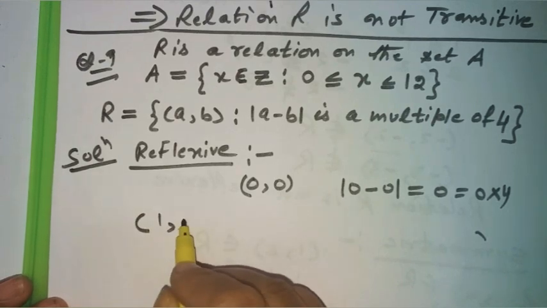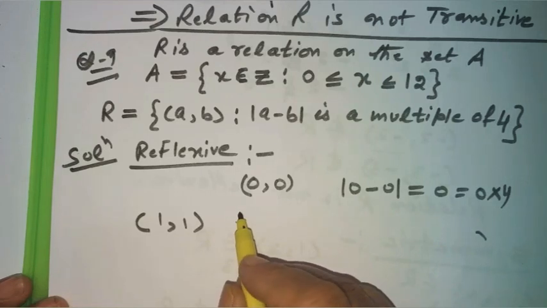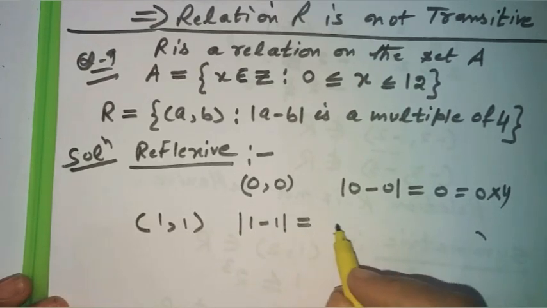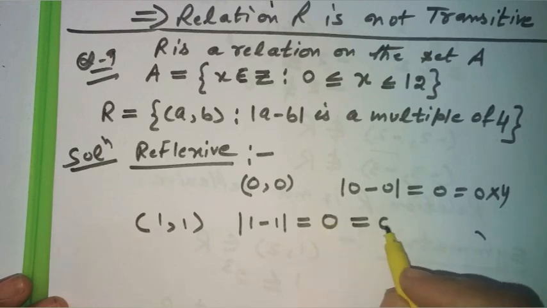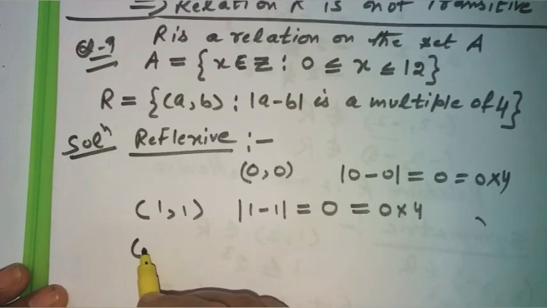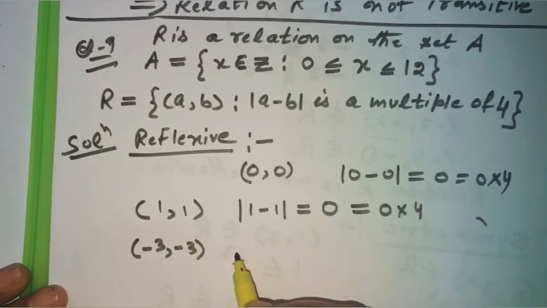Suppose I have to check whether (1, 1) belongs to R or not. So I have to check modulus of 1 minus 1, which is 0. Is it a multiple of 4? Yes, it is. I have to check whether (-3, -3) belongs to the relation R or not.